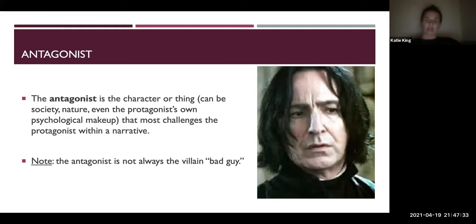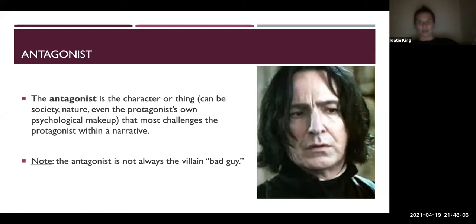If we think of, just try and put what you know about J.K. Rowling at this point on the shelf, and just think about the character of Severus Snape. Yes, when we first meet him for quite some time, we think that he's the bad guy. But ultimately, what we find out about Severus Snape as a possible antagonist is that he's a very complicated character, and he's not the bad guy.